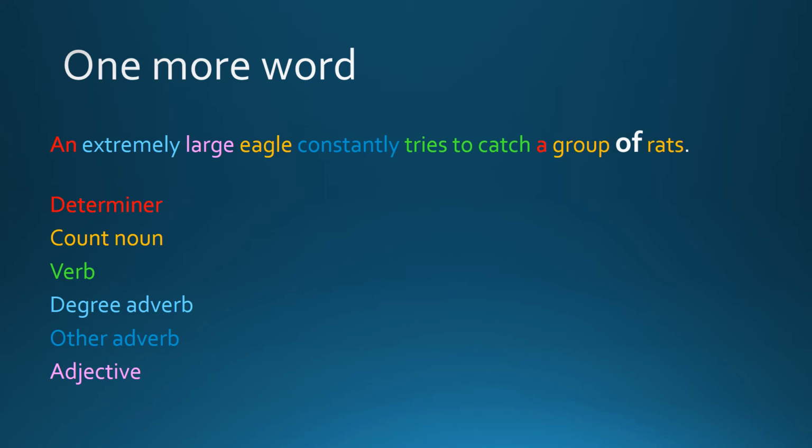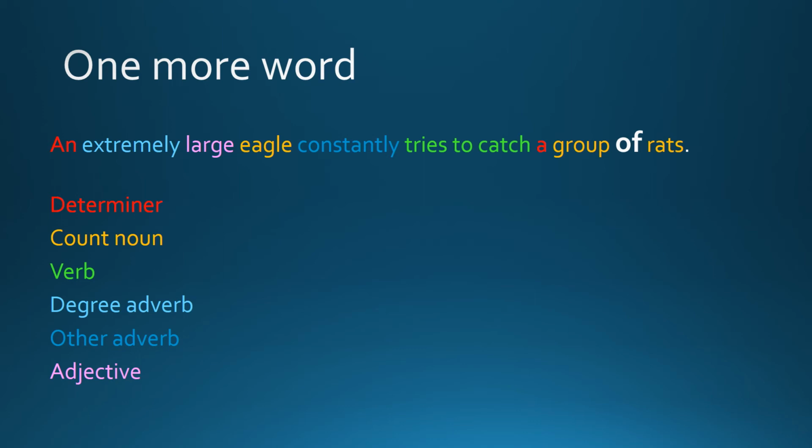So then we're left with of. And there are no easy tests to do with of, although we can see that of is followed by rats. So you can say of what, a group of what, and the answer is of rats. So that gives us a hint that it may be a preposition.